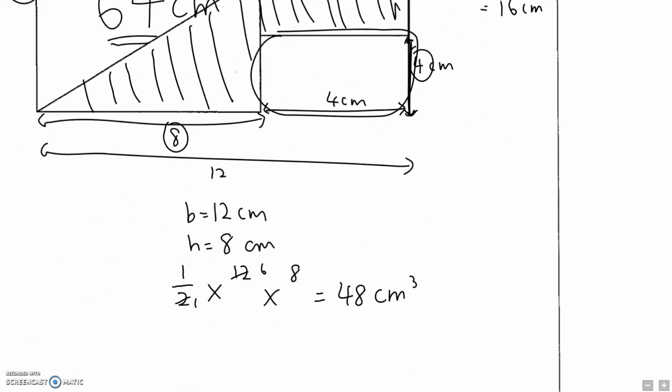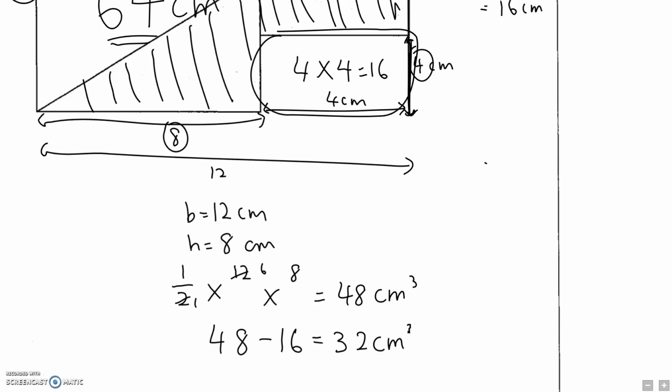So we will have to take out the white part, which gives us 48 minus, now what is the area over here? Simply 4 times 4 gives you a total of 16. So 16 is the white unshaded part, which you will want to take out, which leaves you with the answer 32 square centimeters.